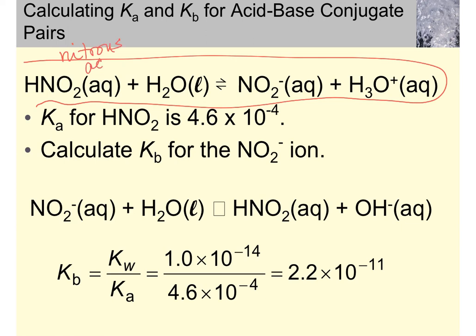Now, again, you need to memorize the strong acids, but you might remember that nitric acid was strong, but nitrous is not. Okay, so here's a weak acid.